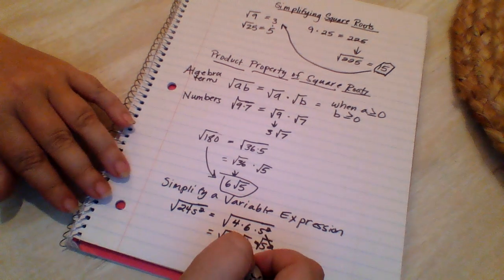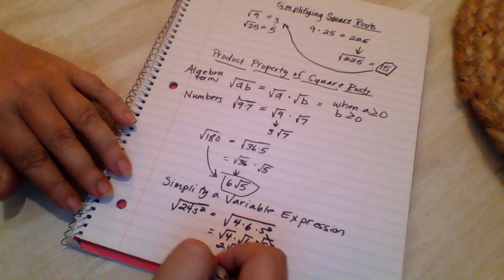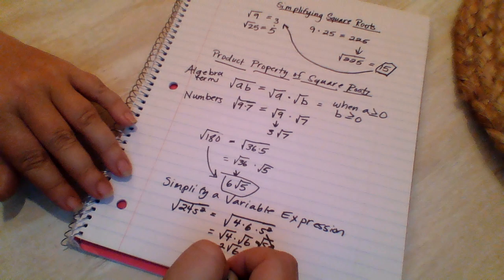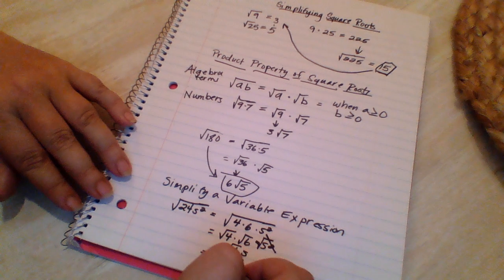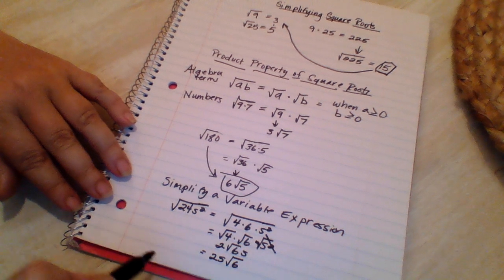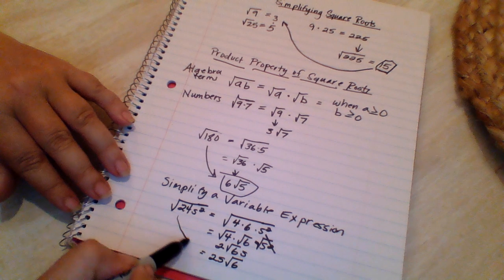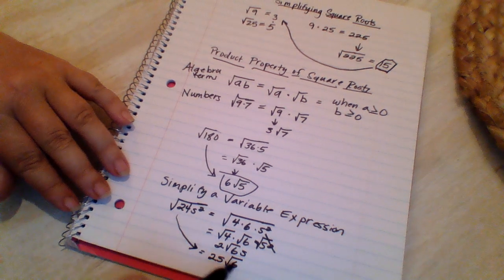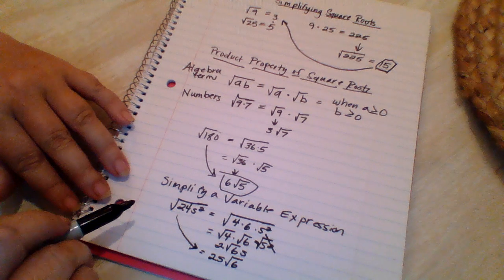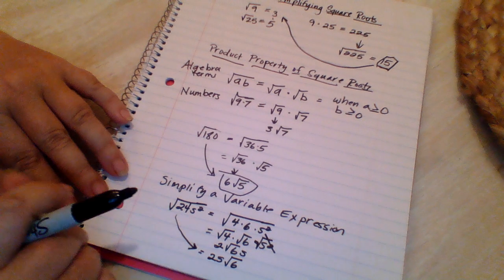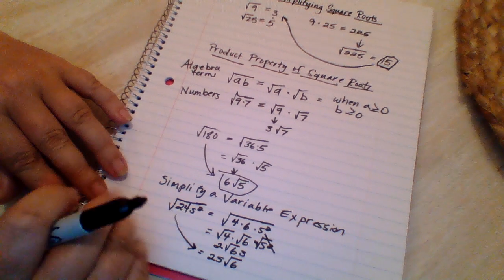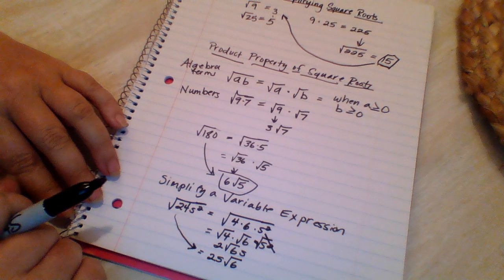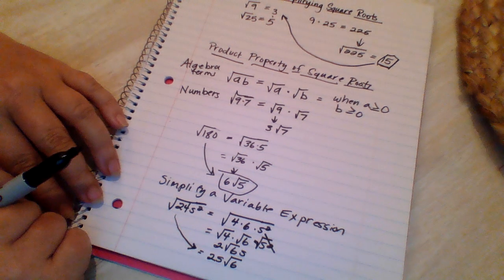So we are going to be left with just s. We're going to rearrange that, and that's going to be 2s and the radical of 6. So that 2s and the radical of 6 is simplified now. It's in its simplest form. And the square root of 24s squared is 2s with the radical of 6.